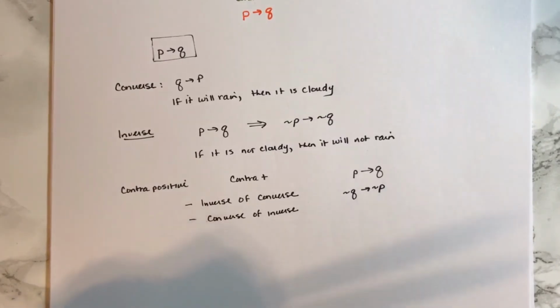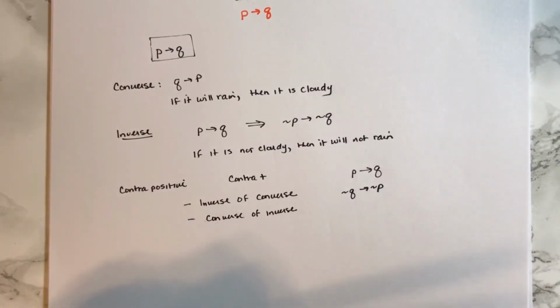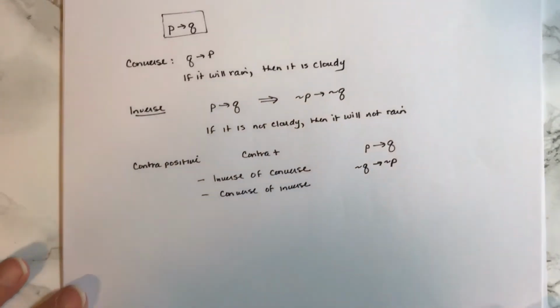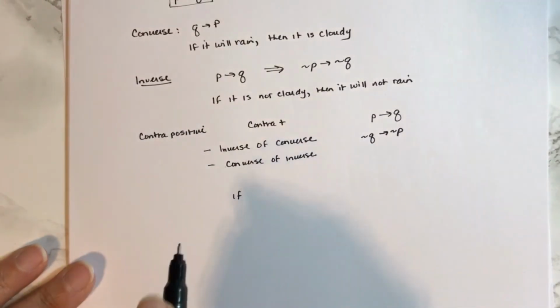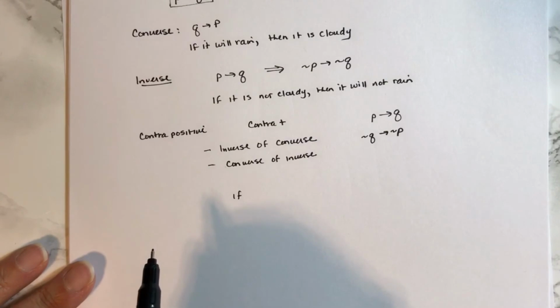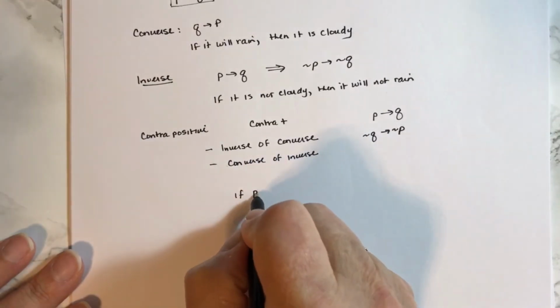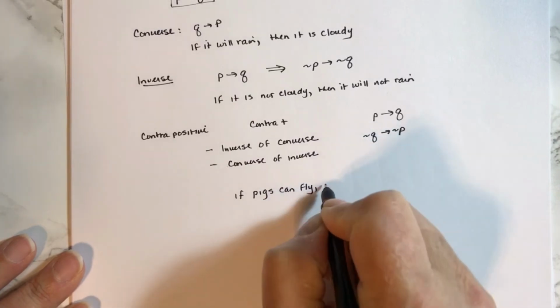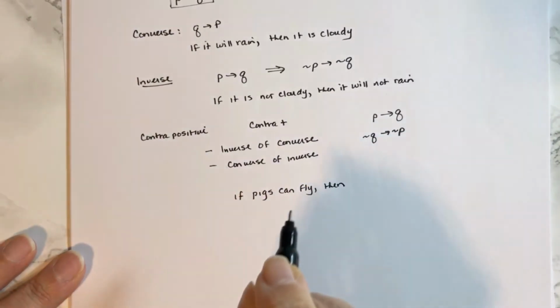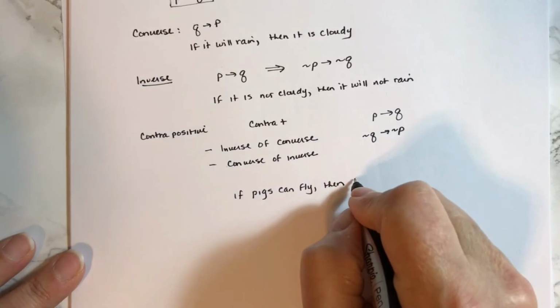So let's see if I can find an example that's pretty quick in the book. Okay, so here's one that's a little mathematical. This is a funny one. If pigs can fly, then 2 plus 5 equals 7.